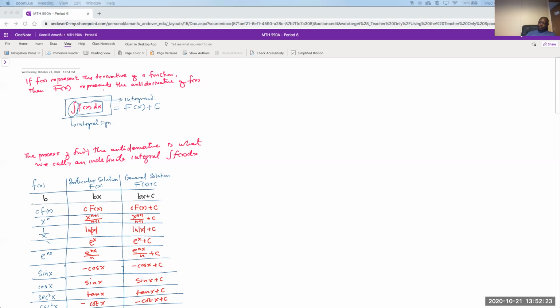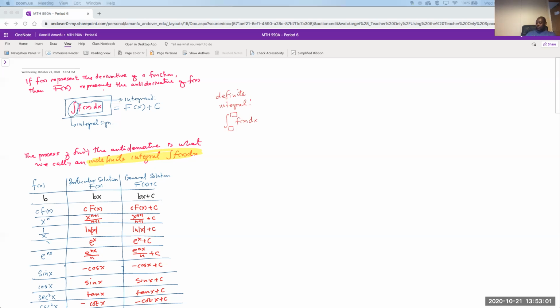And the cool thing about the indefinite integral is that it returns to you a function. All right. When you integrate, if you do the indefinite integral or you find the antiderivative, you end up getting a function back. Very soon, we'll also learn what we call the definite integral. All right. And it's very similar to an indefinite integral, but it's got two special things.